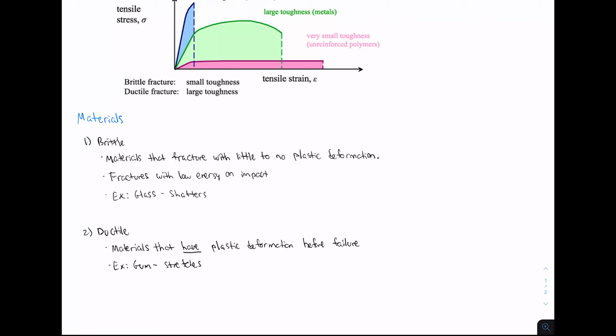It might start to act brittle, where it would not take much energy to fracture at all. So while we think about these materials in our day-to-day lives as brittle and ductile, we need to make this distinction: these materials might act in a different characteristic way depending on the temperature they're under.